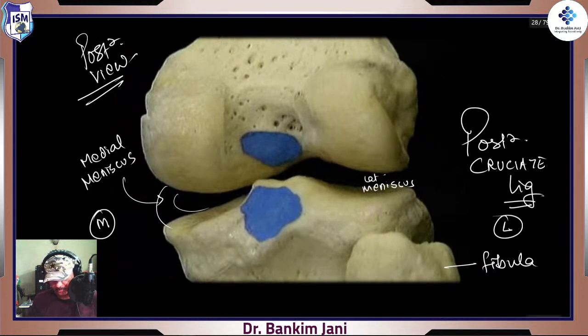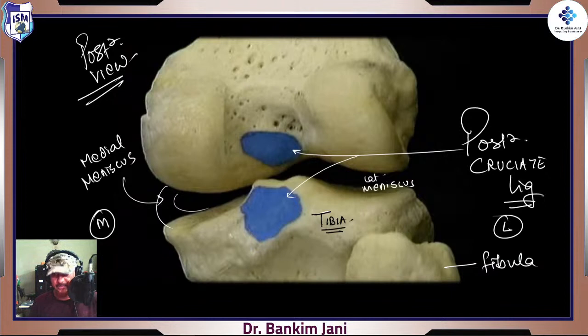So what is exactly shown to us? Well, we are shown that these are the two areas where posterior cruciate ligament would attach. So why are we calling it posterior cruciate? Because that is with respect to this tibia. On tibia, this is a posterior surface, posterior view. So that's why this is connected to that. So where exactly on tibia?